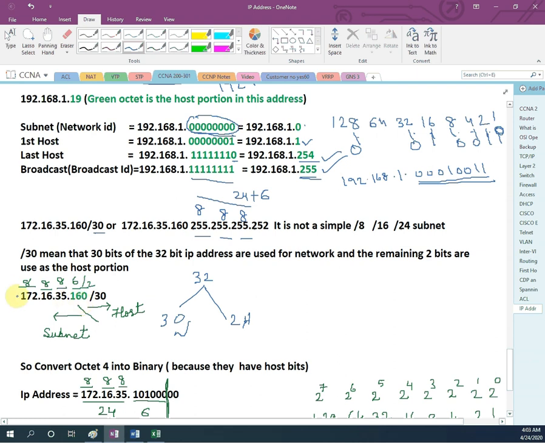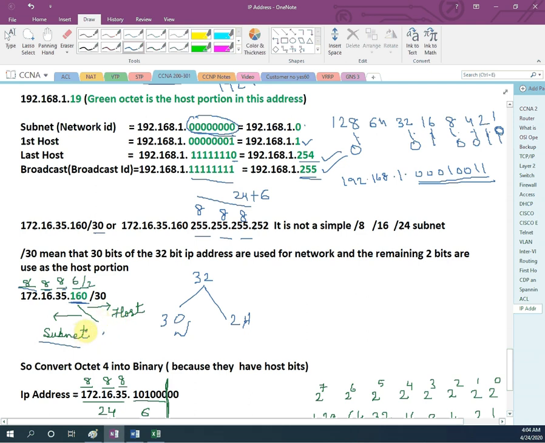For /30, it will be 8, 8, 8. So these 3 are network, but we need 6 more bits, so we are going to take 6 bits from here. This green part, these 6 bits, need to move to network, and the remaining 2 bits need to move to host. That's why I wrote that we need to move 6 bits to network and 2 bits here.